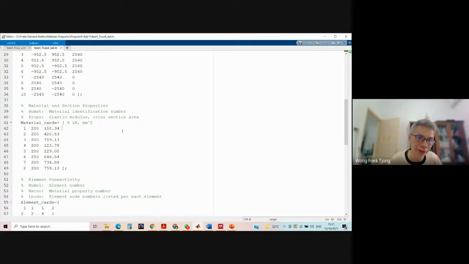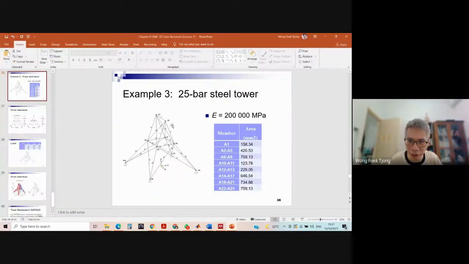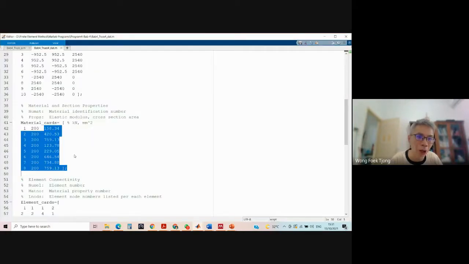This is the cross-sectional area. How many groups? There are 8 groups, right? Each member has a different cross-sectional area. Not all different, but grouped, 8 groups of steel members.